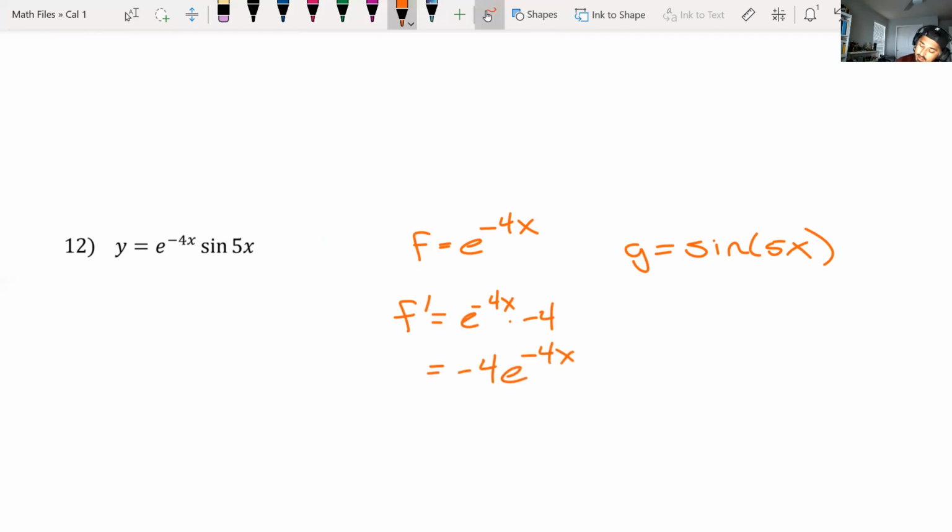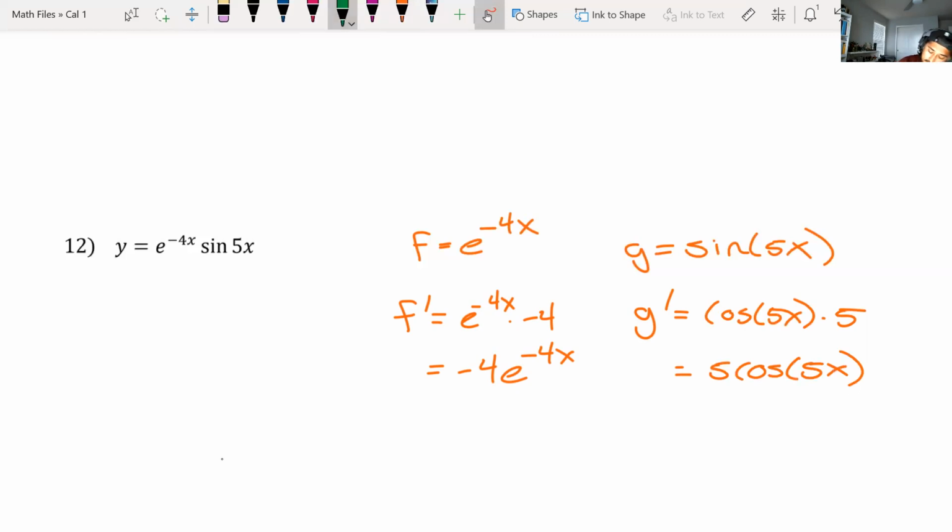And now, what is the chain rule derivative for sine of 5x? Cosine 5x times 5, or clean it up to be 5 cosine 5x. And let's go ahead and follow our product rule.